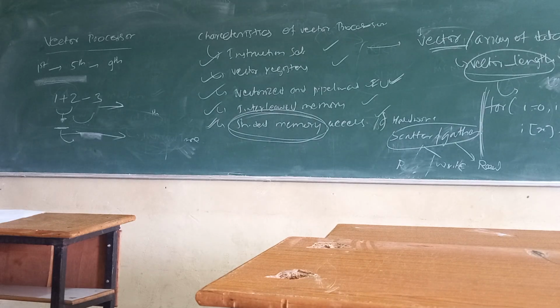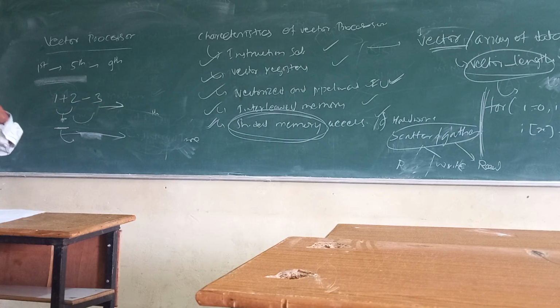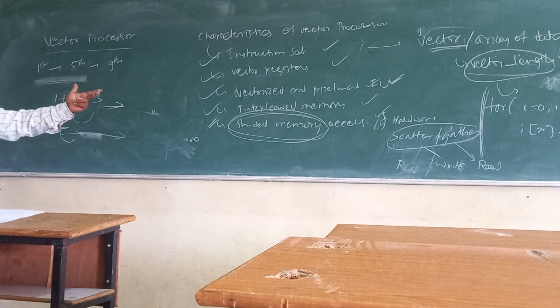We can also do operations like for loops. But the main disadvantage is that some particular loop operations we cannot do here. If you want to do loop operations particularly, it will take less time.